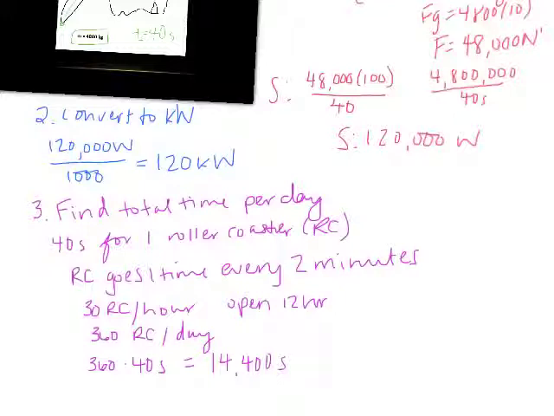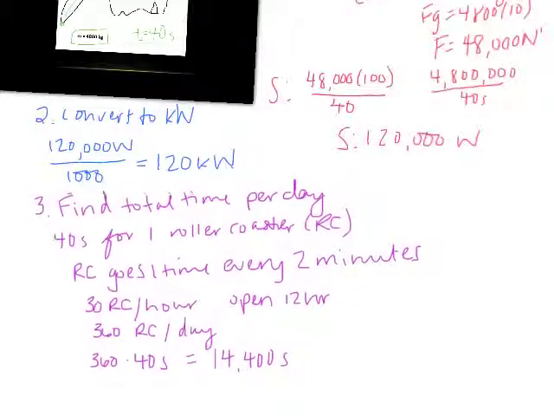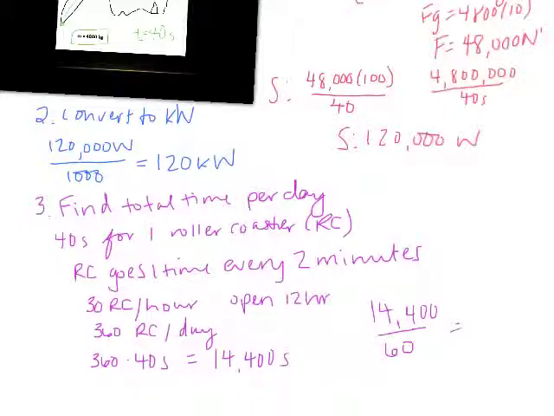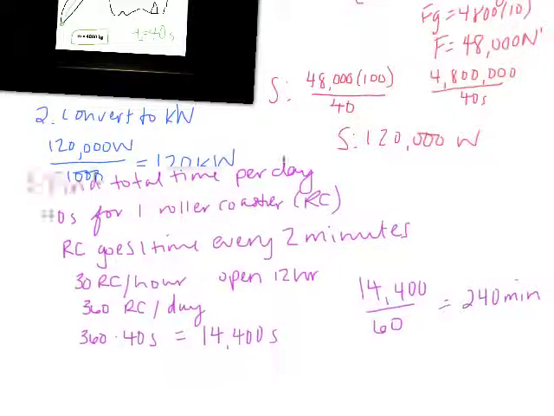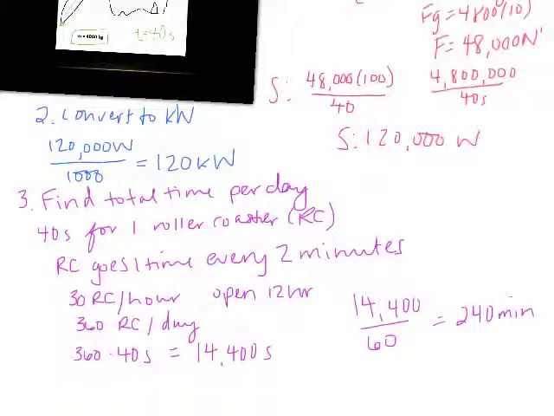So we take the 14,400 and divide by 60, which gives us 240 minutes. Then to get to hours, we take our 240 minutes and divide by 60 again and get 4 hours.